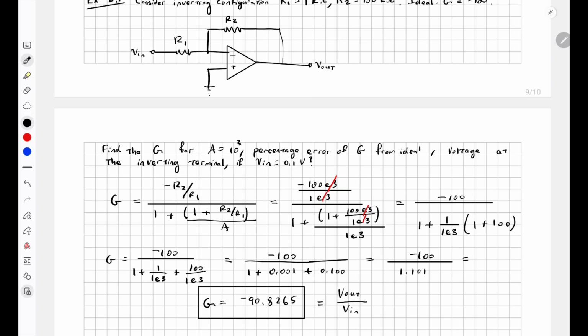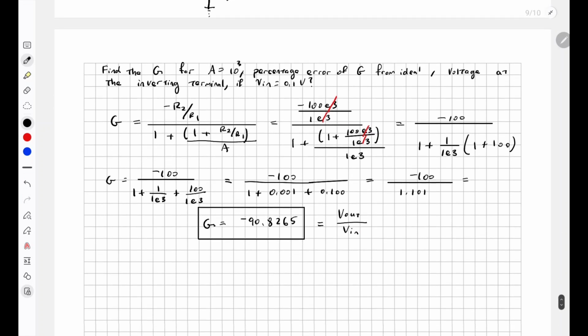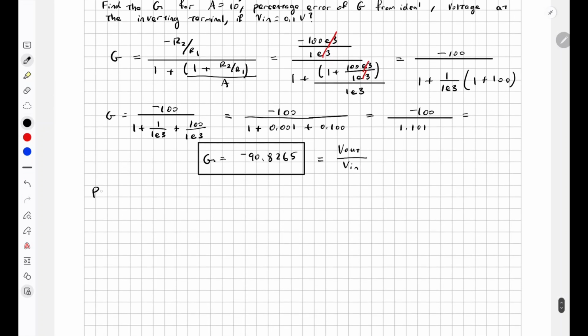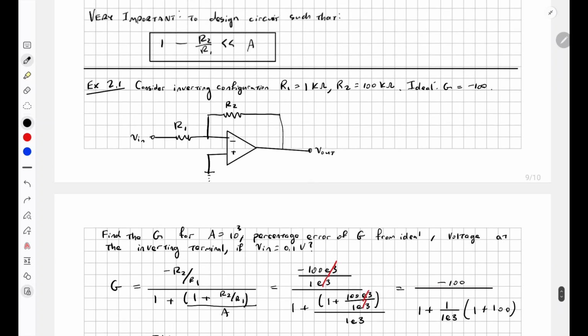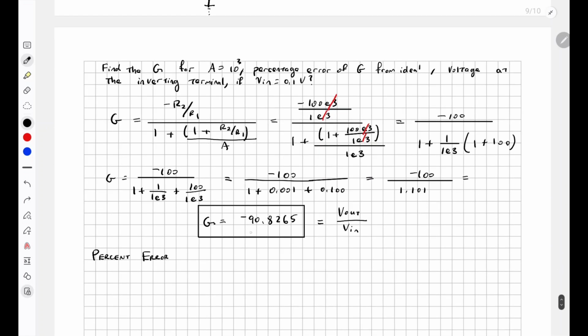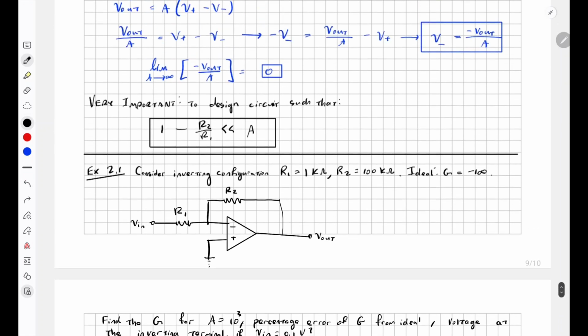Next, the question asks for the percentage error. We're comparing the closed loop gain in the real case to the ideal case of negative 100.